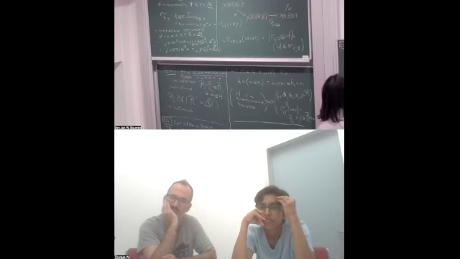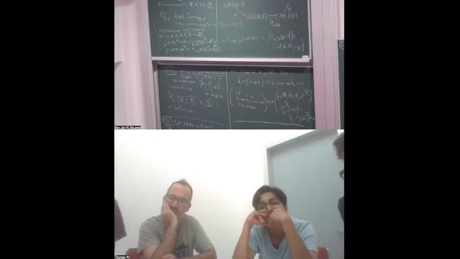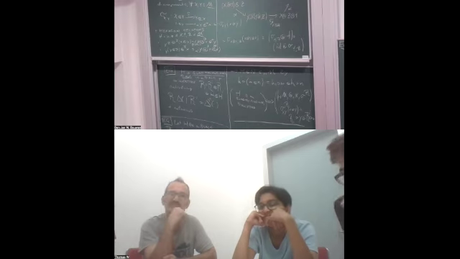So let H be a Hopf algebra now. Then the category of Yetter-Drinfeld modules, which is denoted by this, is the category that has as objects these objects V that are both left H modules and left H comodules.